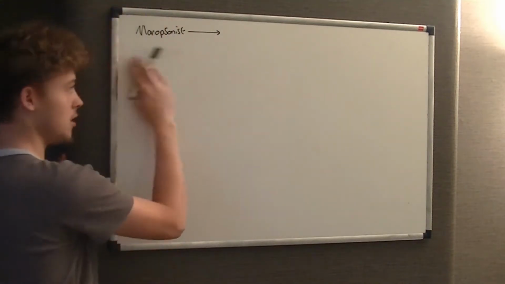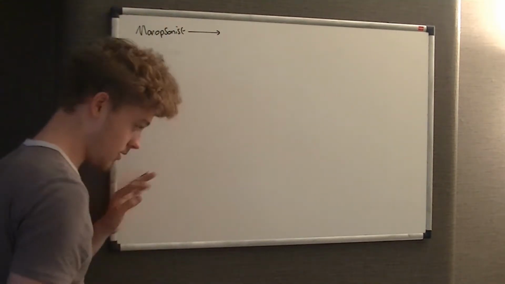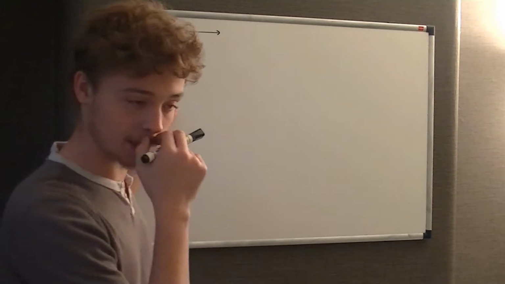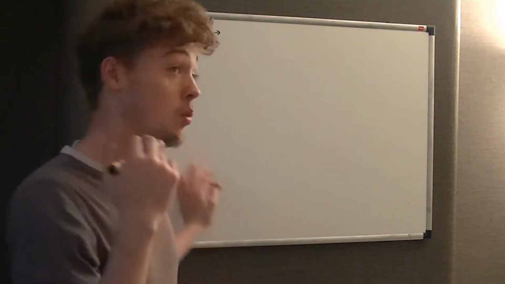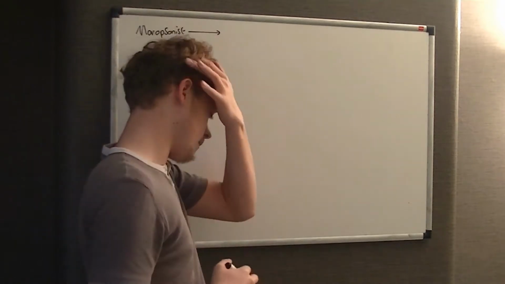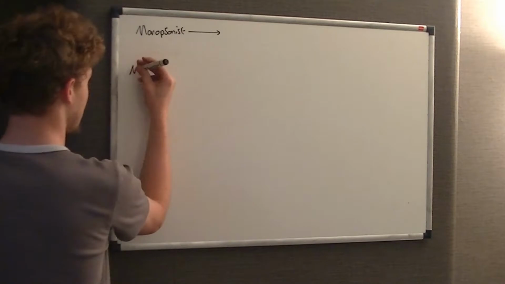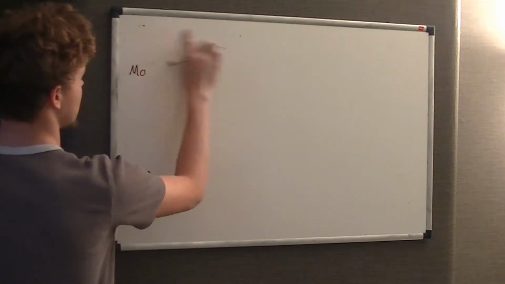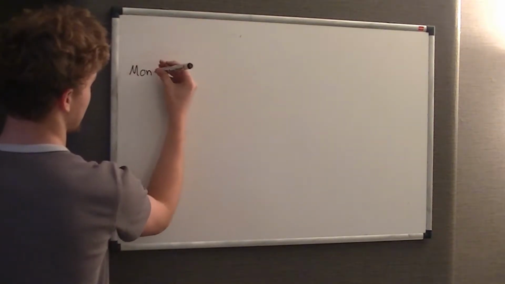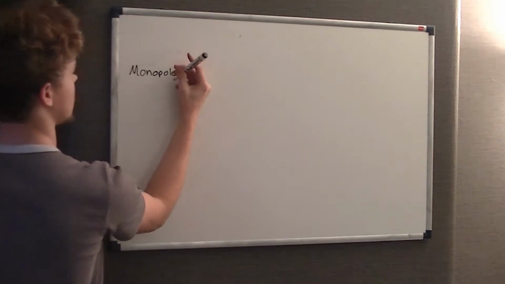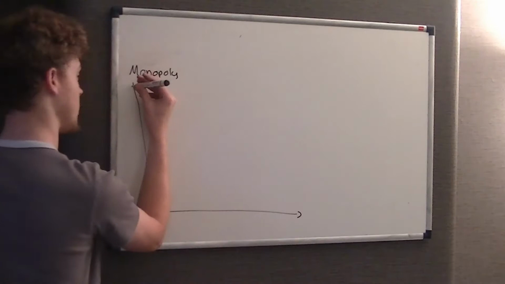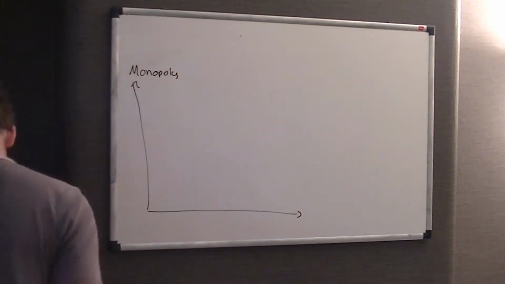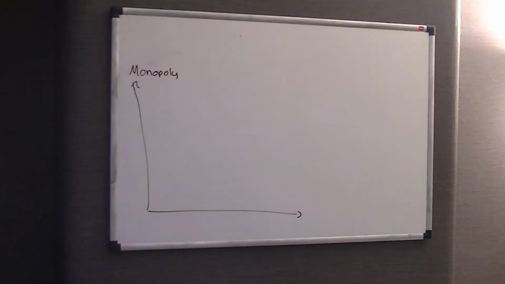So we already know what a monopoly is. In the case of a pure monopoly, we have one firm in the market that dominates it. Before we talk about monopsonist, let's just recap on monopoly for a second. The diagram for monopoly is quite irrelevant, but just to get your mind back into it, really.